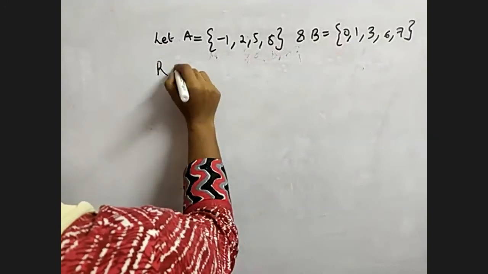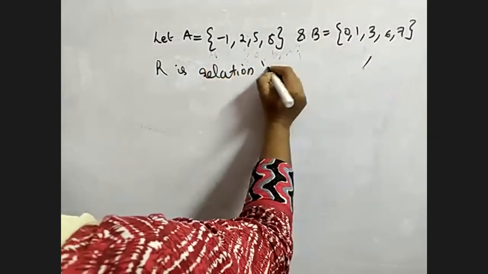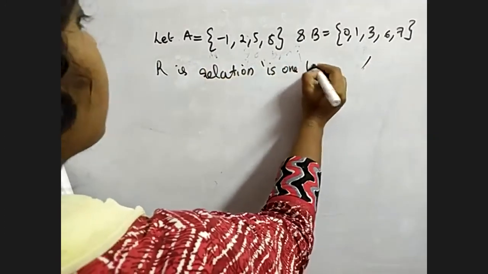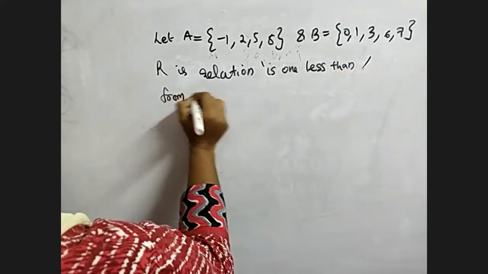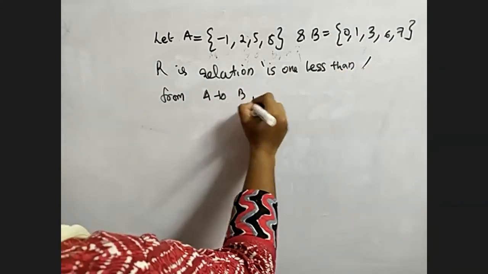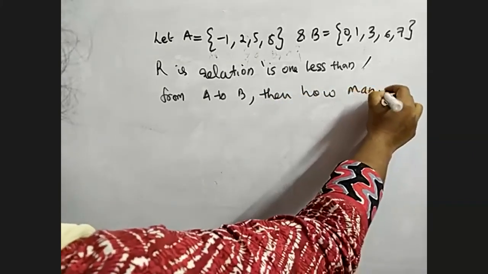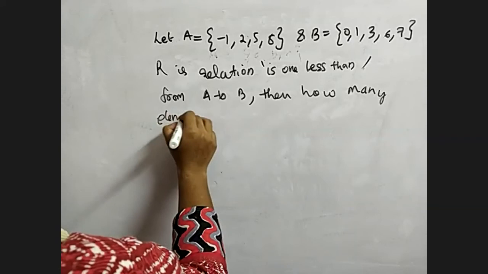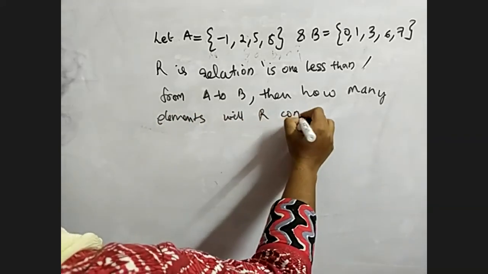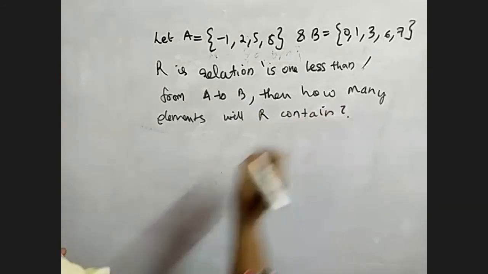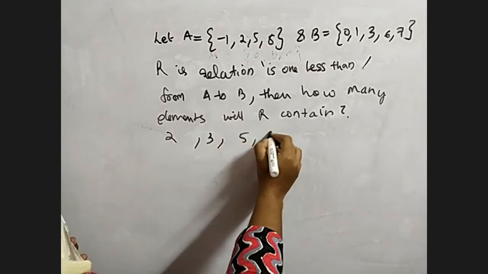R is a relation, and this relation is defined as is 1 less than, from A to B. Then how many elements will R contain? Options 2, 3, 5, 9.